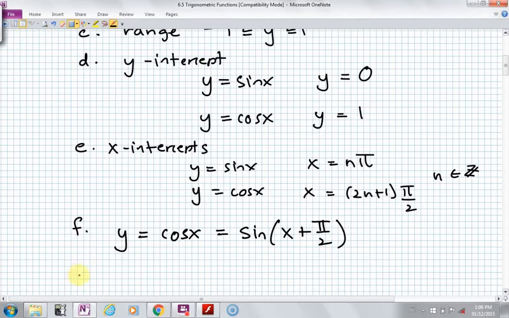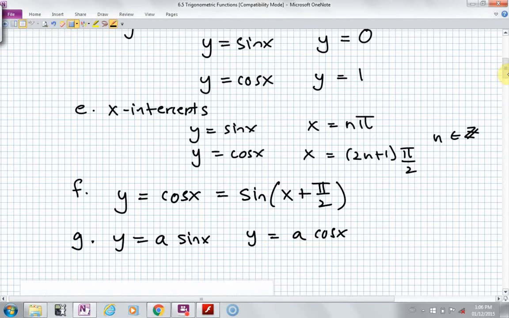And then the last thing, which you noticed when you were graphing with different values in front: if you have y equals a sine x, or y equals a cos x, a is a vertical expansion or compression, but in a sine graph, what we call that is an amplitude.